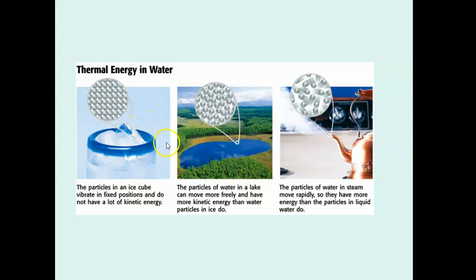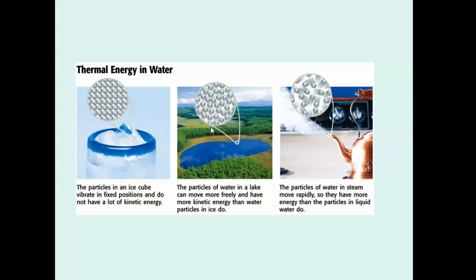Let's go on and look at the particles of water in a lake. These particles of water in the lake can move more freely and have more kinetic energy than the water particles in ice do. They have more kinetic energy because they're not bound as closely together. Therefore, they are allowed to move more. Remember, kinetic energy is the energy of motion.